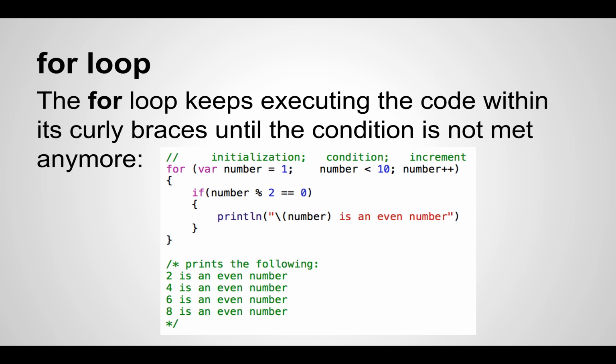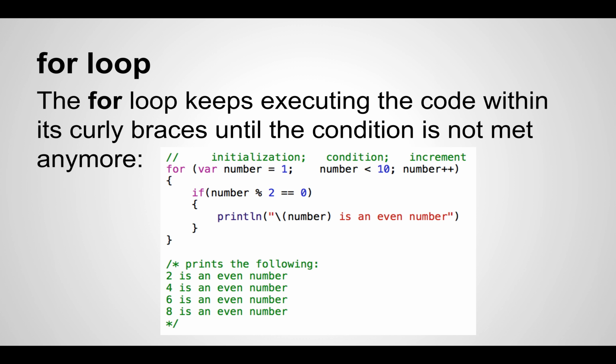So the first time it's going to be 1, so no, it's not going to be an even number, so it's just going to go through, then it's going to go again in the for loop, and it's going to be incremented by 1. Why? Because we have number plus plus, so the second time the number is going to be 2, and yes, it's an even number, so it's going to print. Then the very next time the number is going to be incremented again, it's going to be 3, and so on. So it's going to run the code, and again 4, 5, 6, 7, 8, 9, 10.